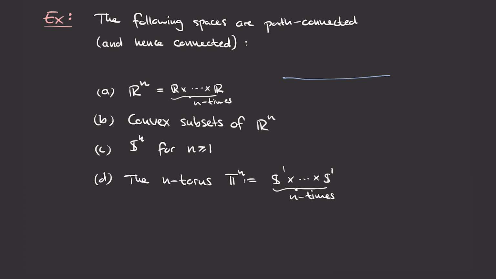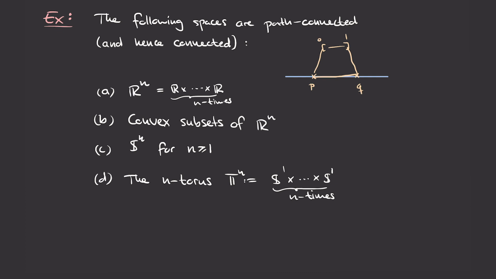So if we think about the real line and we take any 2 points on the real line, P and Q, well, we can get a path between them by just mapping the unit interval linearly to these points in between. So in pictures, if this is our unit interval, then we would just map 0 to P, 1 to Q, and any point in between we would linearly map to points in between P and Q.